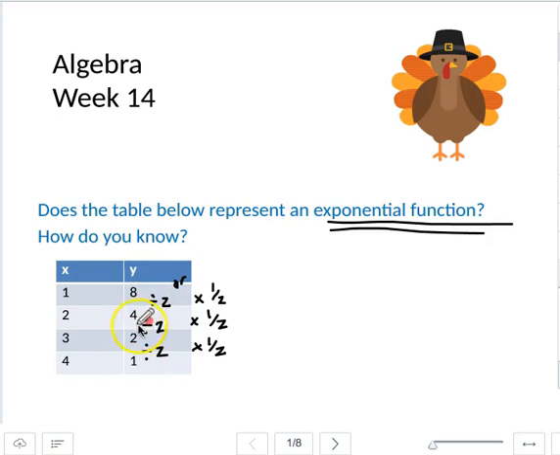Because we're dividing or multiplying by the same amount, this is, in fact, an exponential function. So yes, this is, and we know that because it's being multiplied by 1/2, or divided, by the same amount each time. So this does in fact represent an exponential.